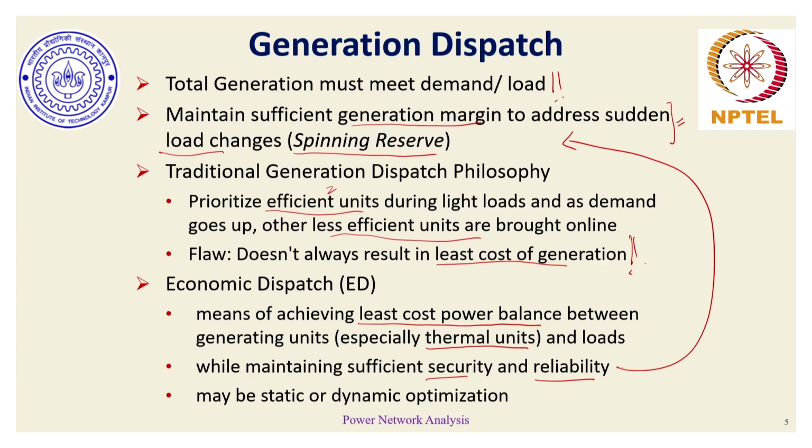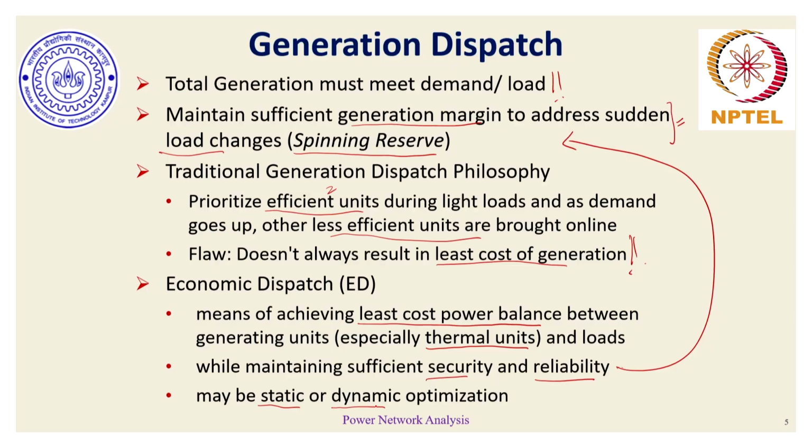Depending on the time frame in which this power balance is to be maintained, if we try to maintain power balance between generation and load at 9 p.m. in the night, then since I am trying to maintain optimization only for one time snapshot, I would call that a static economic dispatch, which may make sense for that given period of time, but in practice, the load keeps on changing.